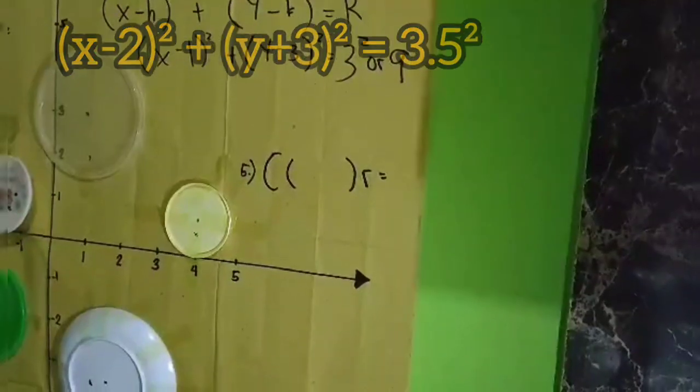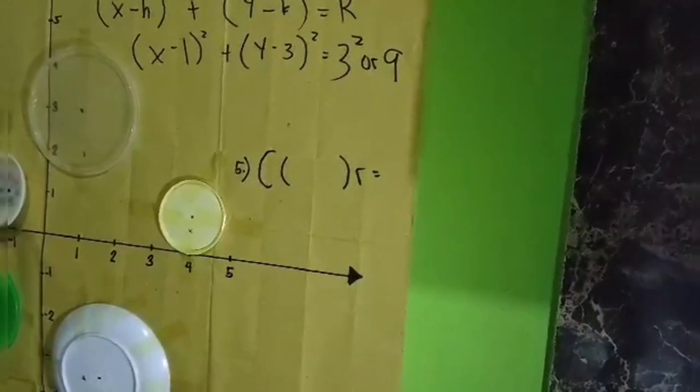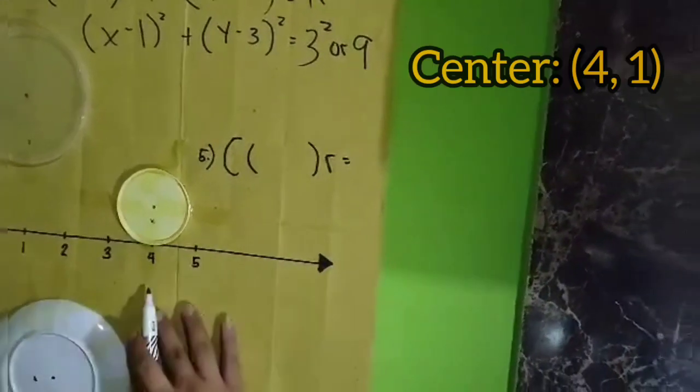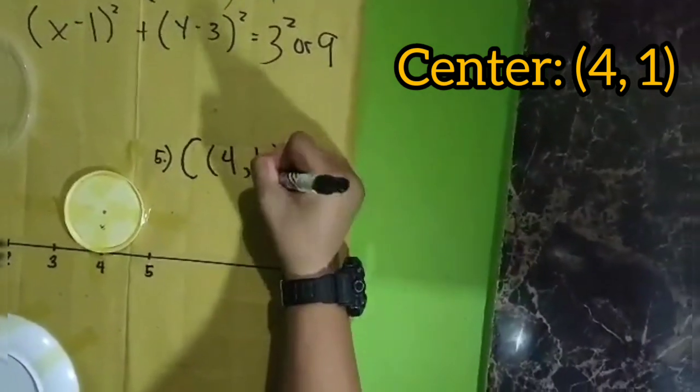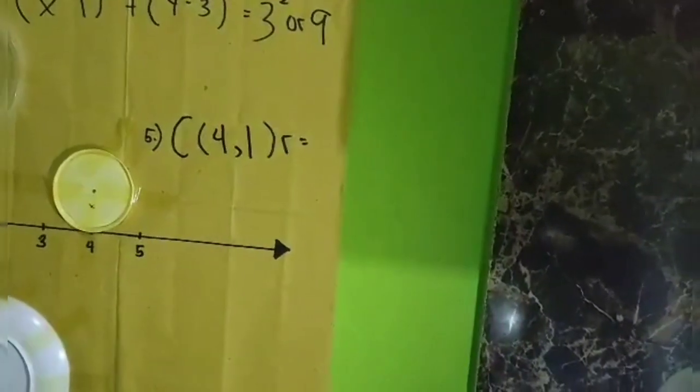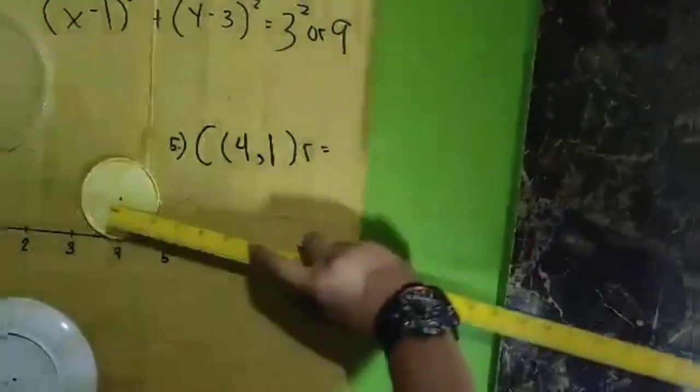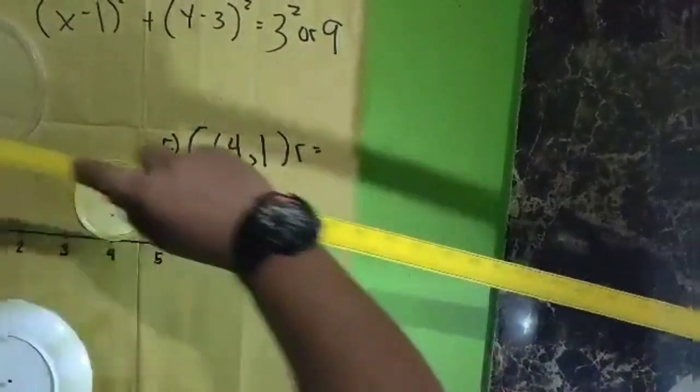The last object is object number 5. We have 4, 1. Then we will get the radius. The radius is 2.